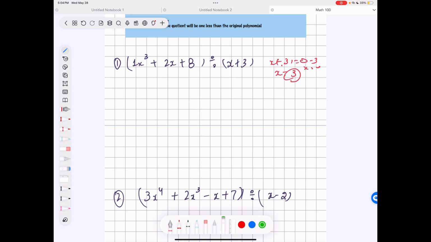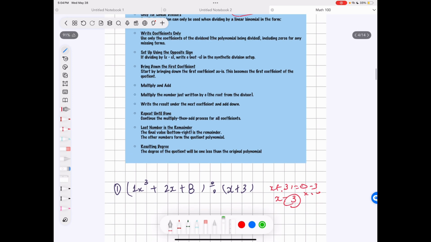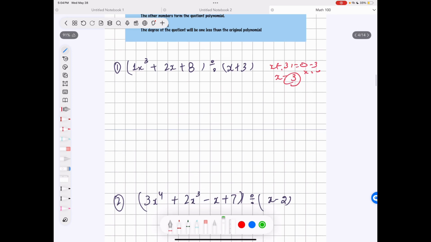So here the first step is to make x minus 3 equal to 0. We get x is equal to minus 3. We are going to put minus 3 here, and then we are going to divide it by this term, and we're just going to write the coefficients of this.